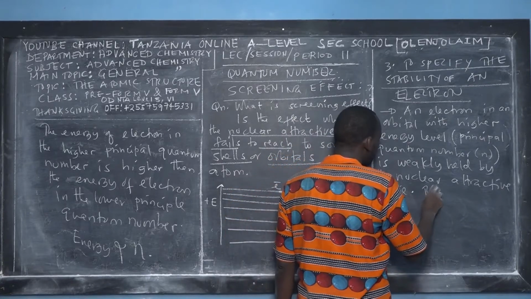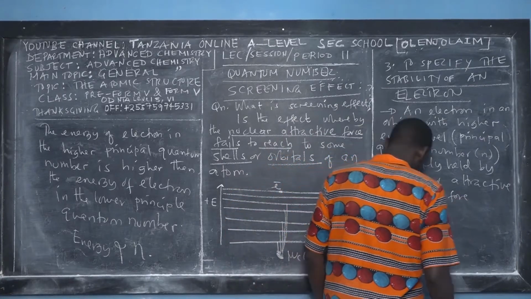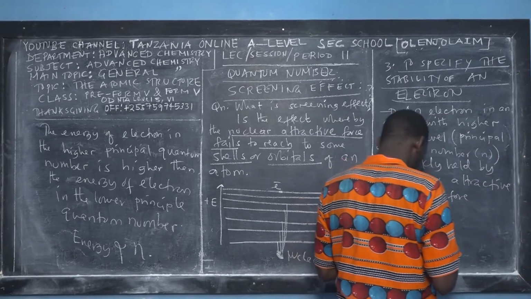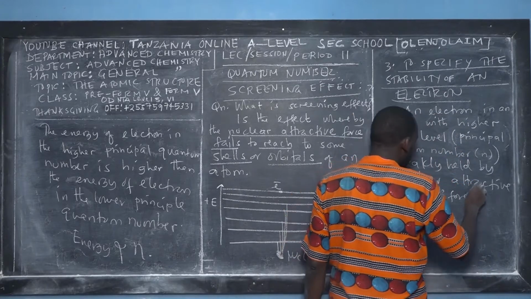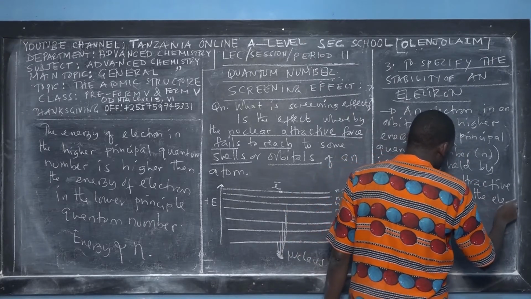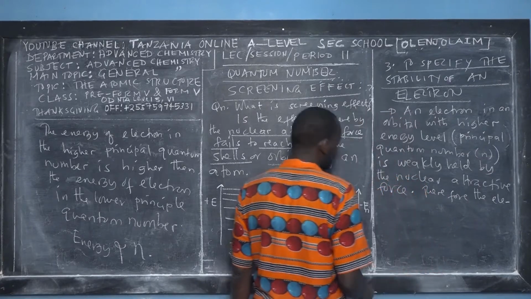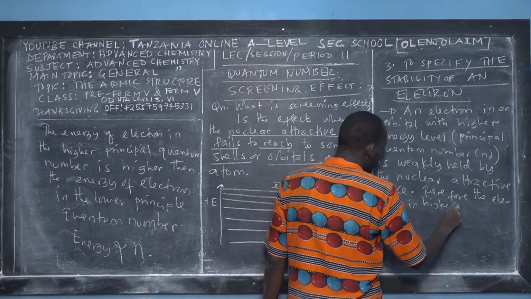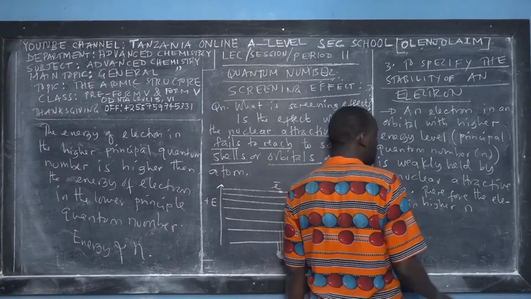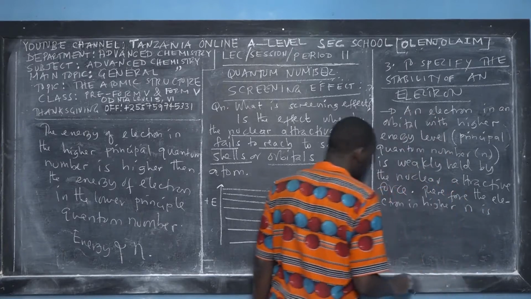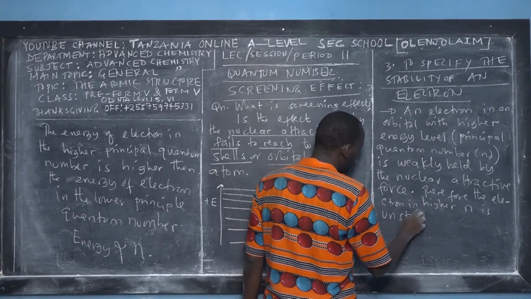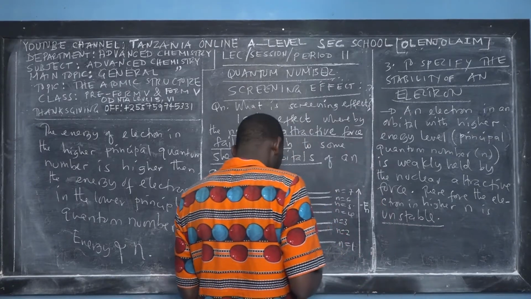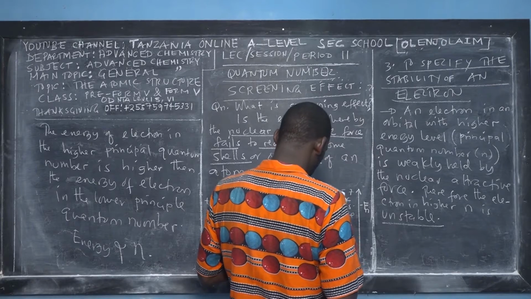Therefore, the electron in a higher principal quantum number is unstable, and also is easily removed from an atom.